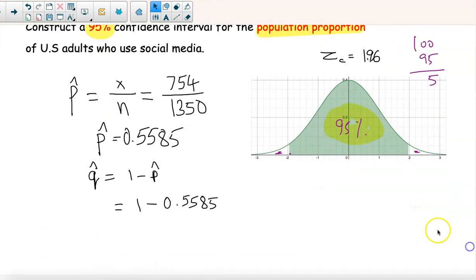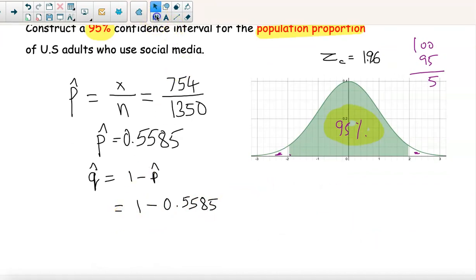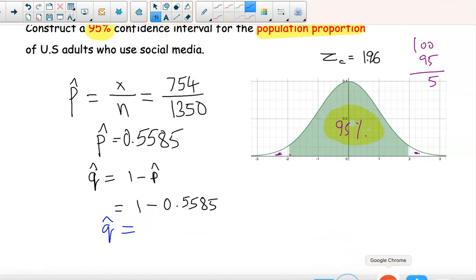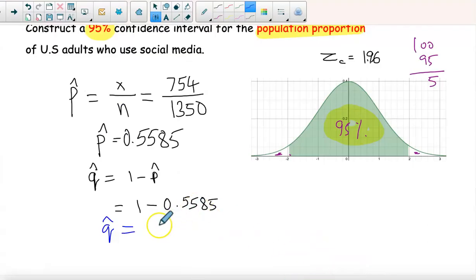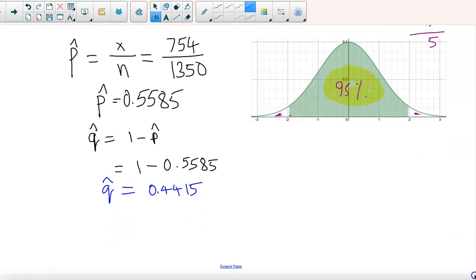On subtracting, I'm just rounding it to the fourth decimal. It gave us 0.4415, right? So Q hat is 0.4415.